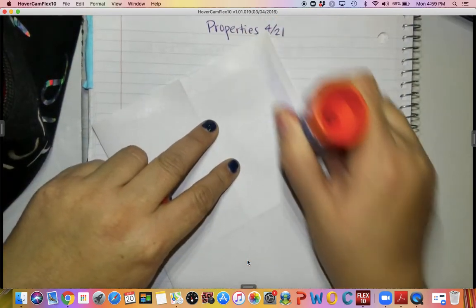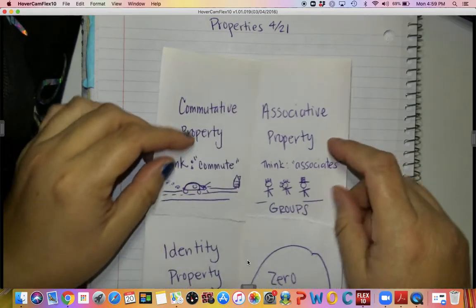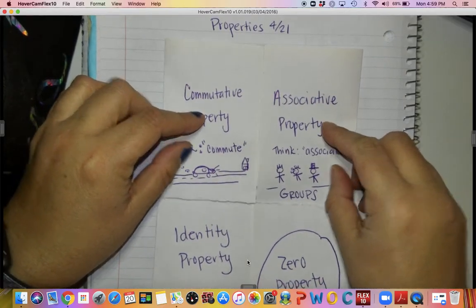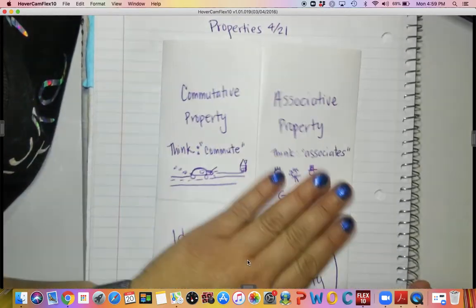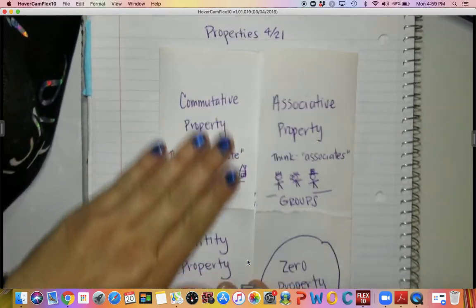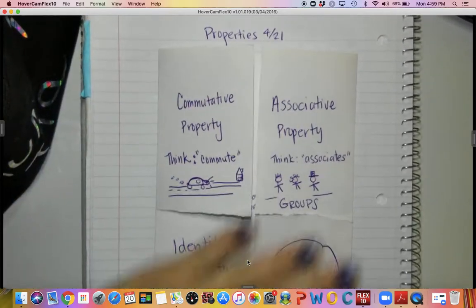And stick it in the notes section of your notebook. And that way you have it in there. And you can remember commutative, associative, identity, and 0. Rules of numbers.